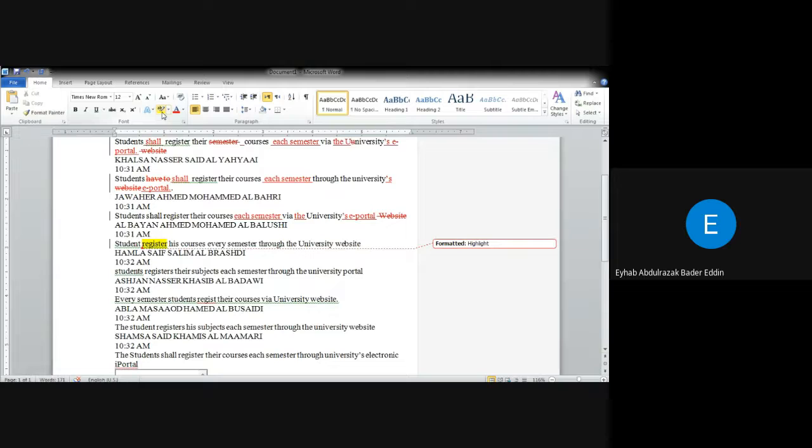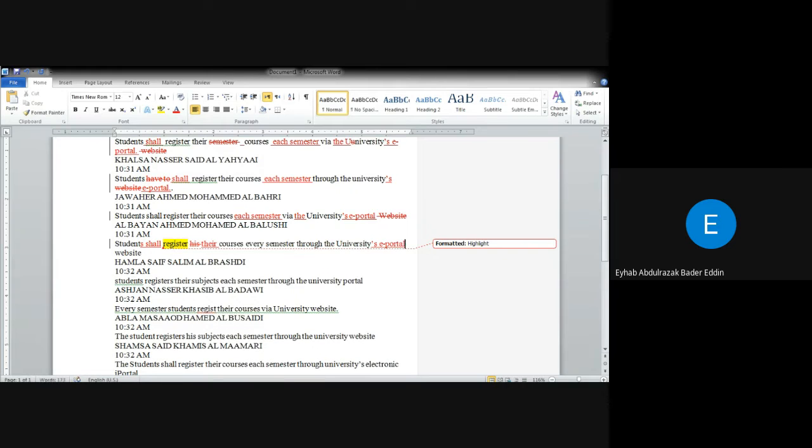You cannot tell me this is present, because if it was present, you would have to add s because you have a singular subject, right? So students shall register their courses every semester through the university's e-portal. E-portal. Excellent. That's good. Hamla.